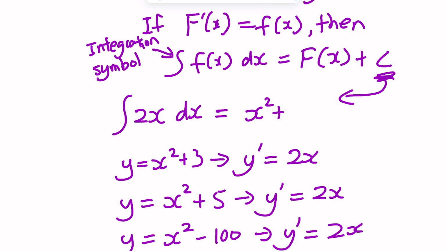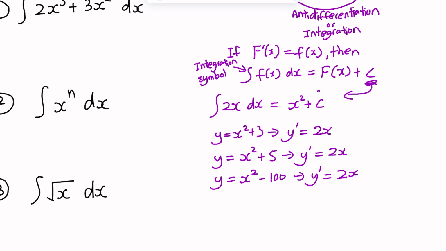We always must add plus c because we don't know what that number is. And when we derive it, we get 2x. But there may be an unknown value here that is eliminated when we derive. So we must always add plus c. That's the most important thing. So remember to always do that when you do integration.